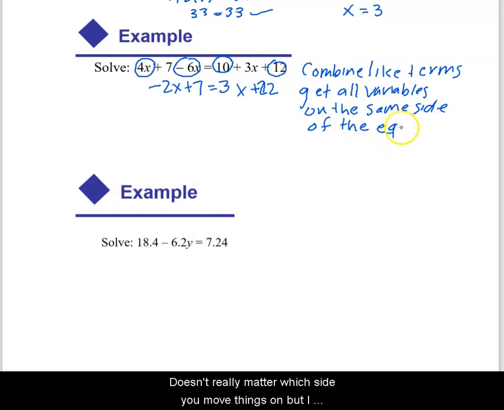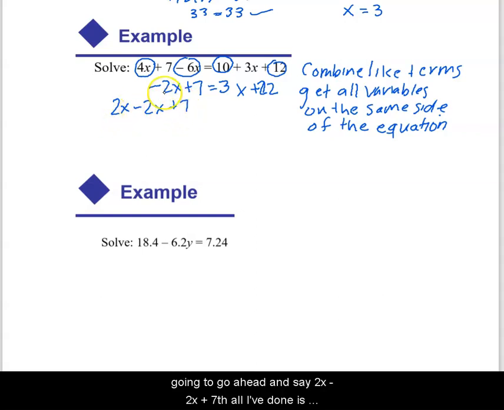It doesn't really matter which side you move things on, but I either need to move this negative 2x over to this side, or I need to move the 3x over here. To move the negative 2x, I would add it, and I would much rather add than subtract. So I'm going to go ahead and say 2x minus 2x plus 7.